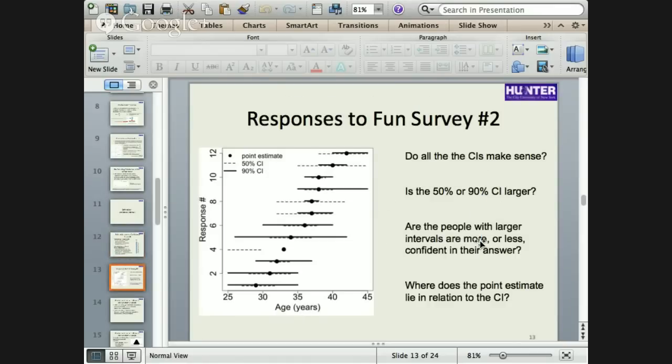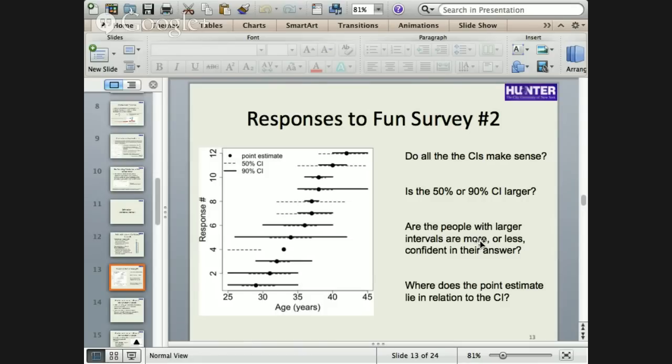Okay. So as of a little bit before class, here were the responses that we had so far to the survey. I just went and plotted them. I hope you can see them all right here. There were 12 responses so far.